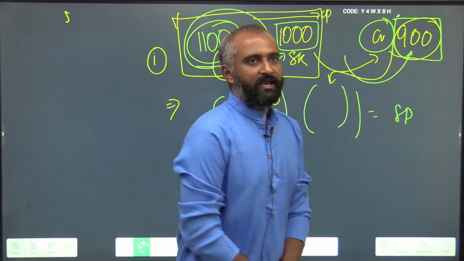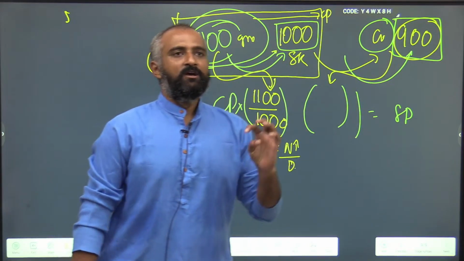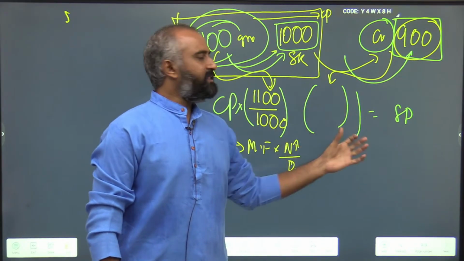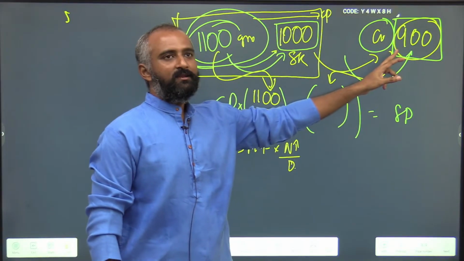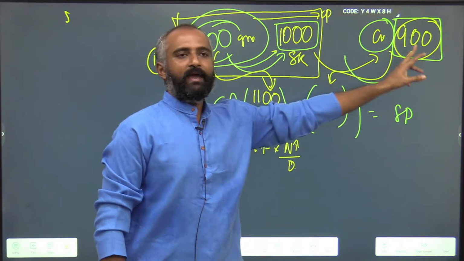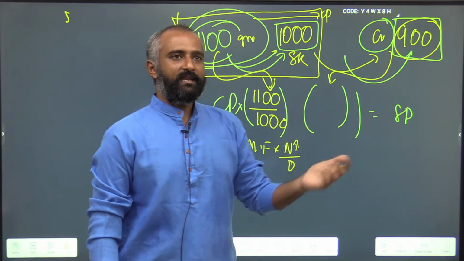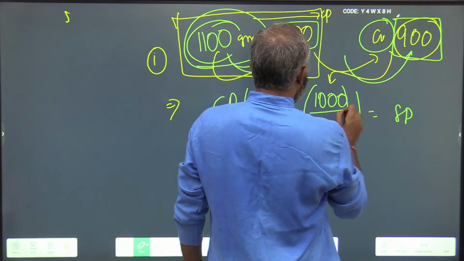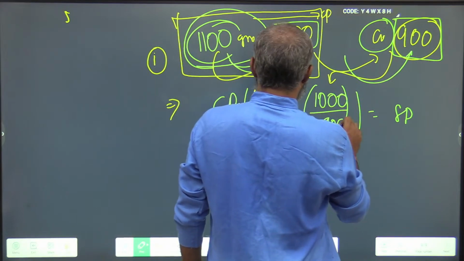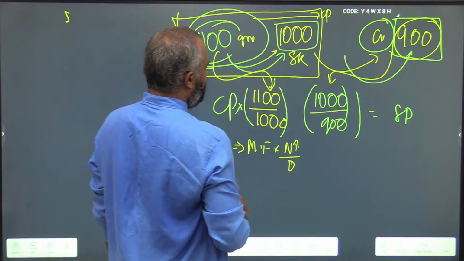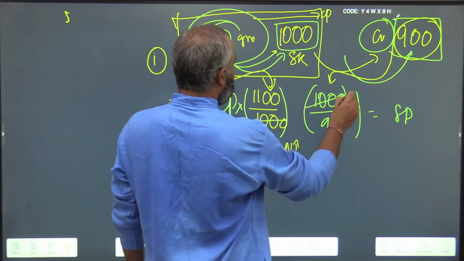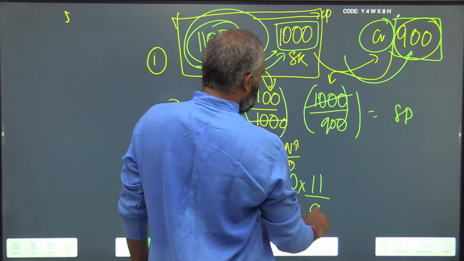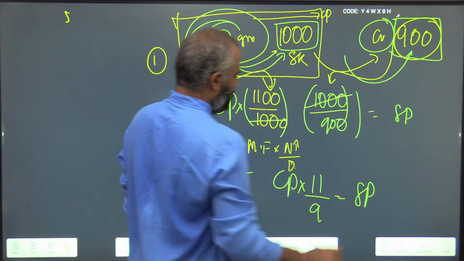So I should create a factor in such a way that it is greater than 1. How can I make a fraction using 1000 and 900 which is greater than 1? I can write this as 1000 by 900. So this 1000 gets cancelled, and it becomes CP into 11 by 9 is equal to SP.